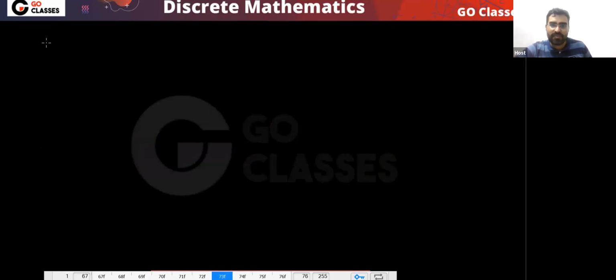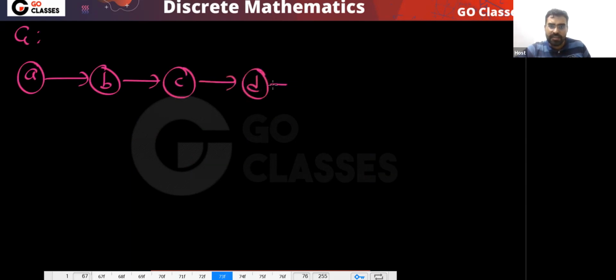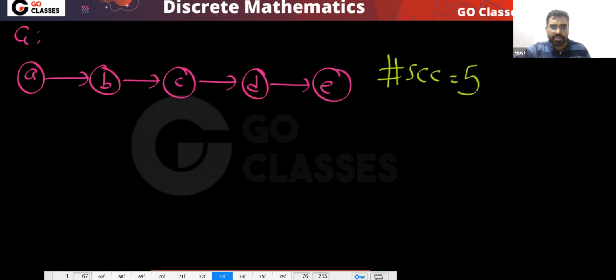Just consider this graph: A, B, C, D, E. How many strongly connected components? Total 5.